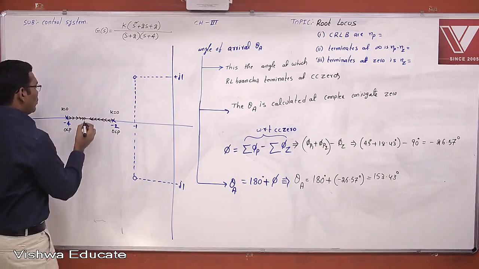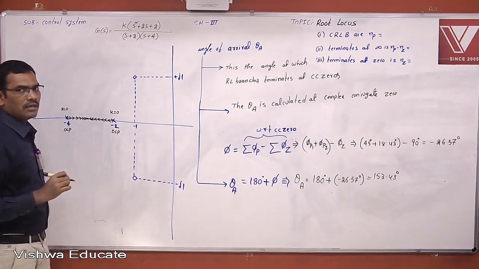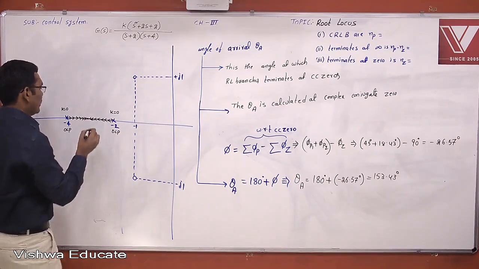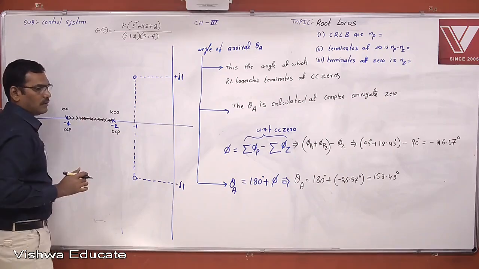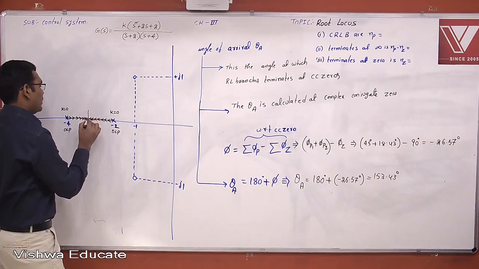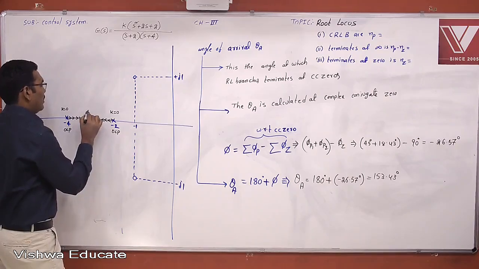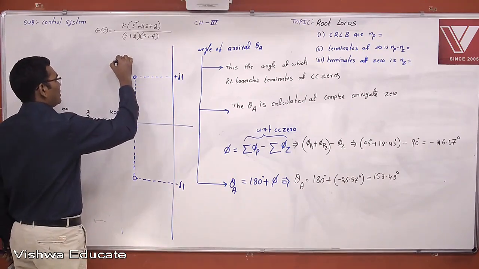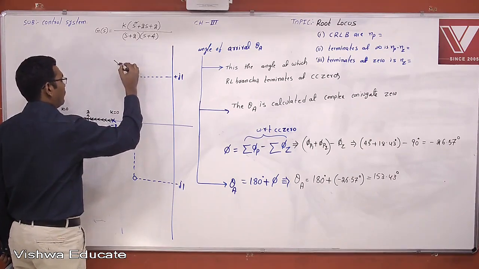And as K is changing, the closed loop poles are moving. And these two closed loop poles meet at a particular point on the real axis. Now with what angle? Plus or minus 90 degrees. With plus 90 degrees and with minus 90 degrees. And the root locus branch terminates at the complex conjugate zeros with an angle of arrival.